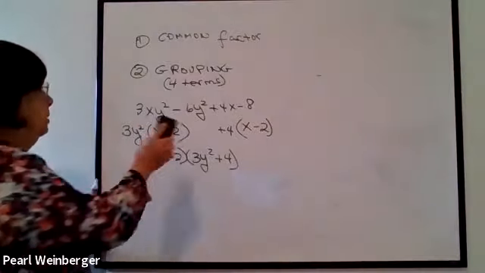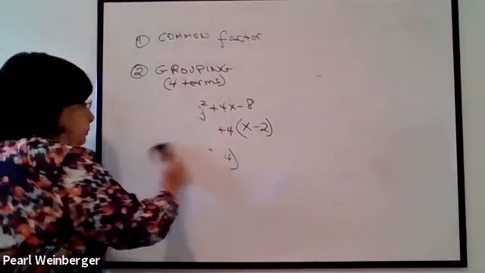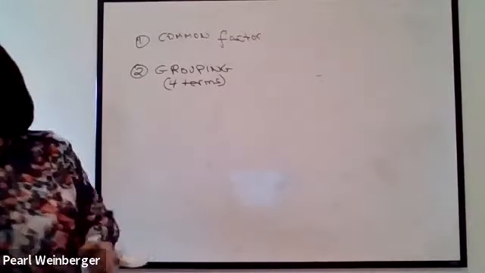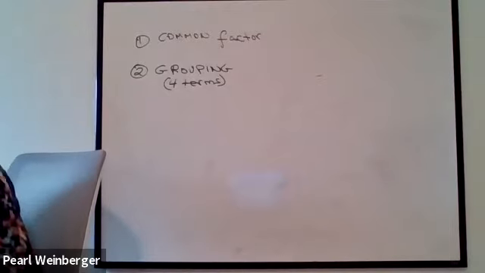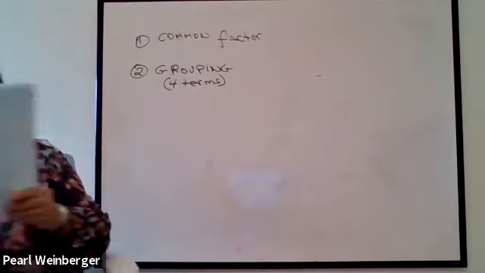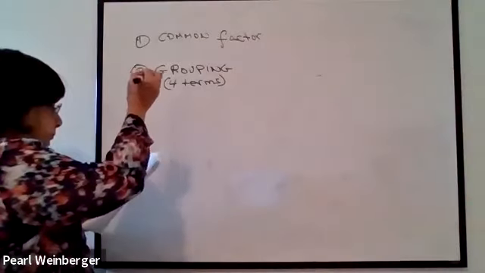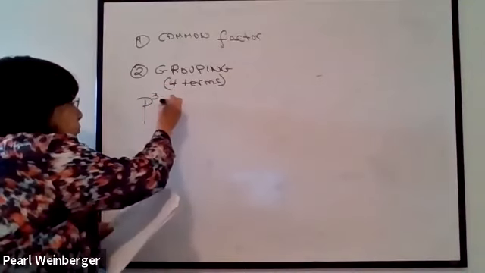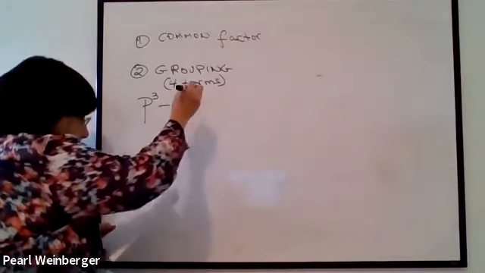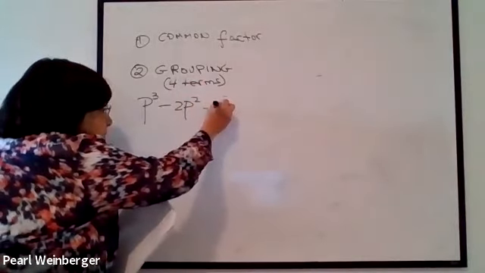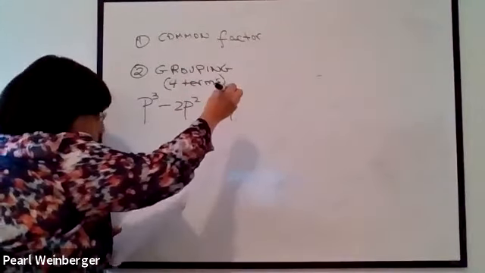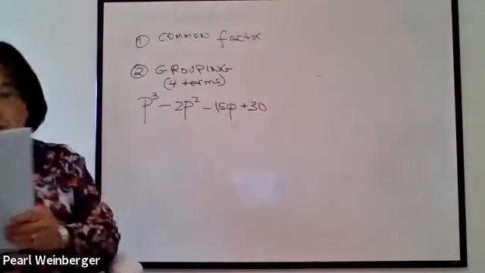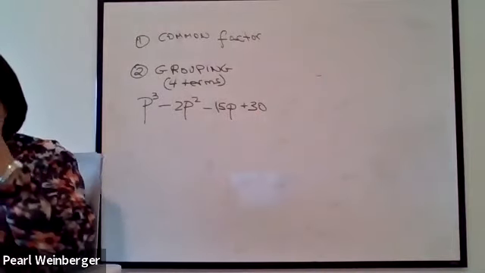Okay, here, I'm going to put one on the board: p to the third minus 2p squared minus 15p plus 30. Let's see if you can factor this by grouping. I'll give you a few minutes and then we'll do it together.